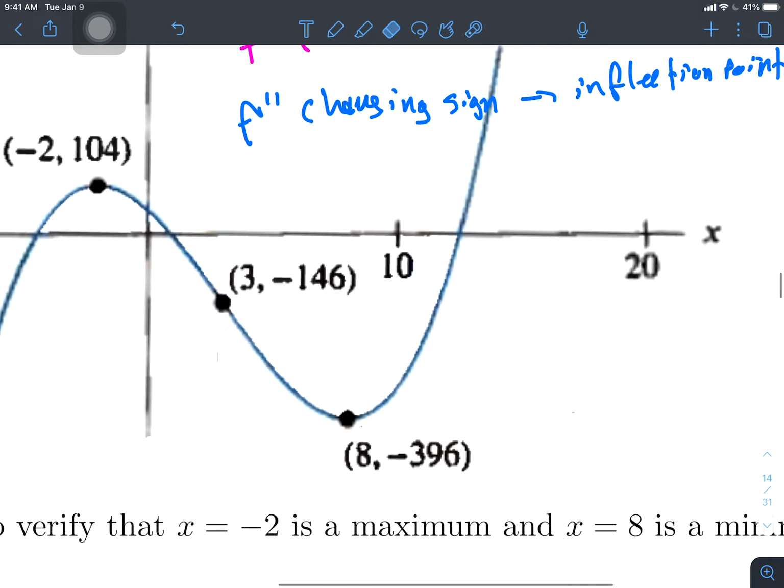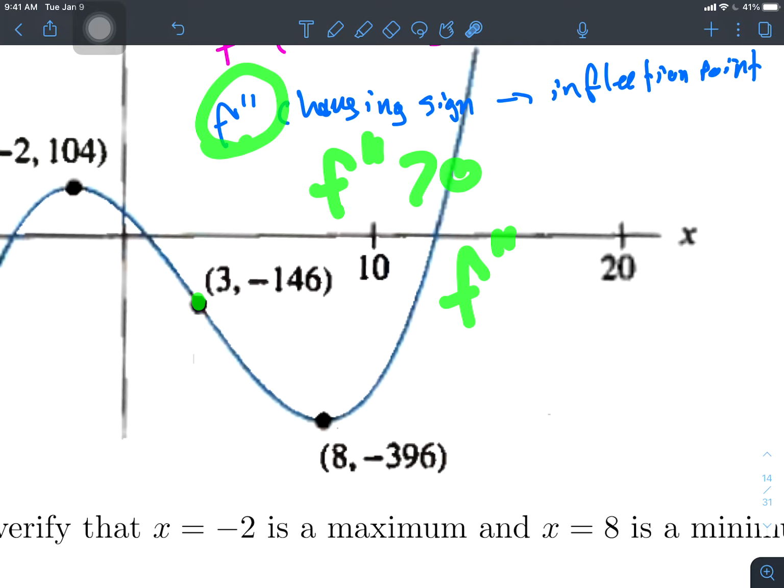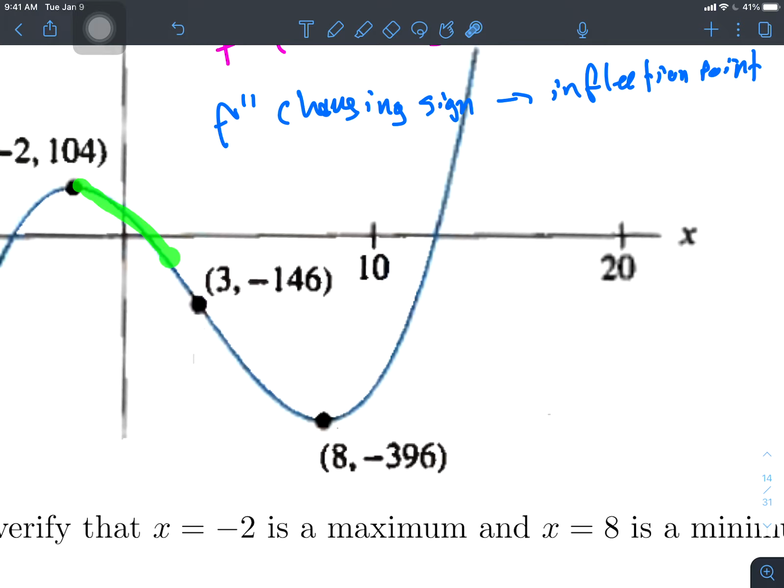When the second derivative changes sign, it's called an inflection point, and we can see it visually on a graph as the place where the concavity changes, because the sign of the second derivative, whether it's positive or negative, tells us whether the function is concave up or concave down. It looks like it switches from being concave down here, and then afterwards we're concave up. So in the middle, there was an inflection point.